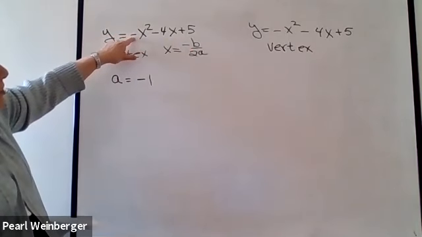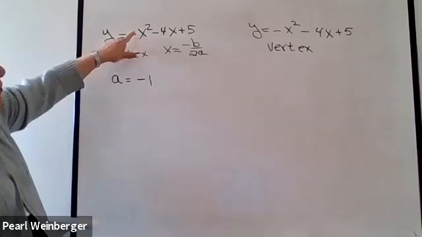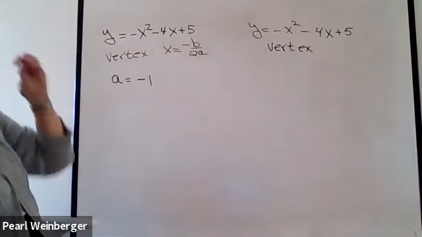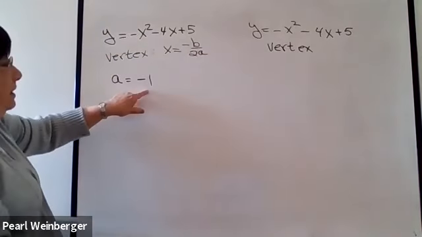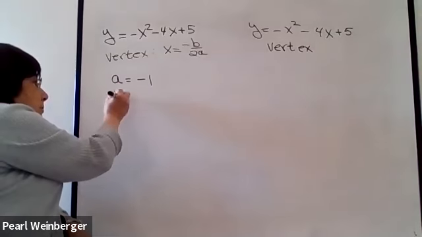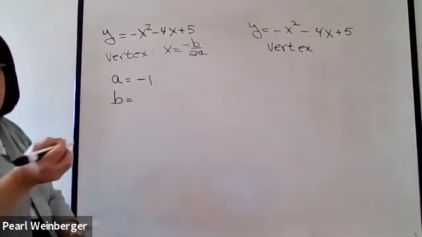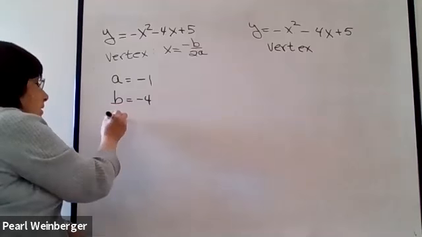Don't forget that when there's a negative in front of it, that's part of the coefficient. My a is -1 in this case. My b, what's my b in this case? -4. And what's my C in this case? 5.